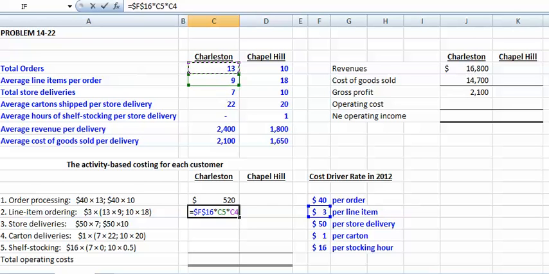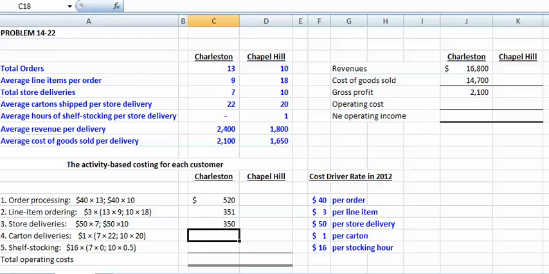and again then we have to multiply that by the 13 orders. In terms of store deliveries, our cost is $50 per store delivery, and again we make 7 store deliveries to the Charleston Pharmacy.